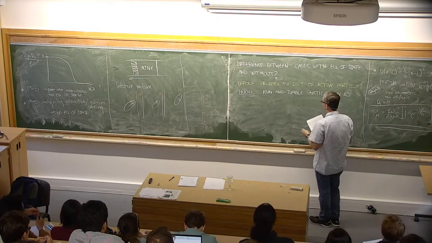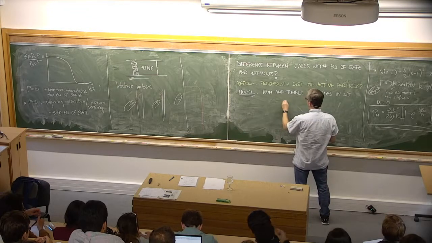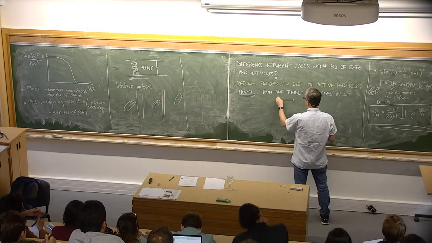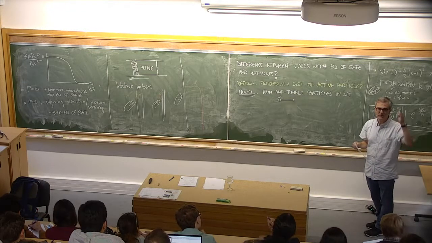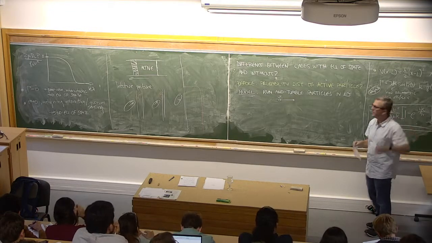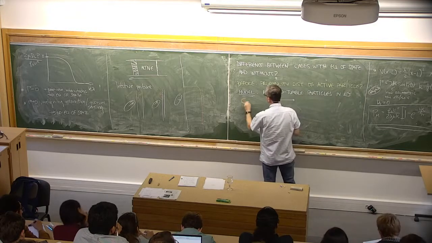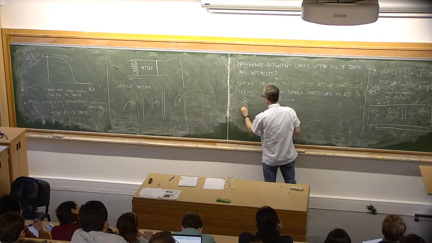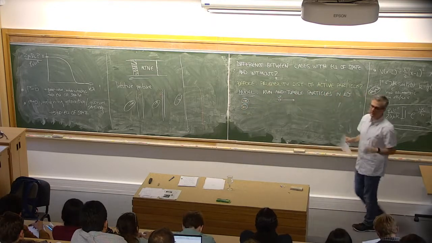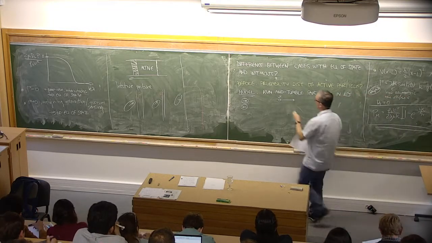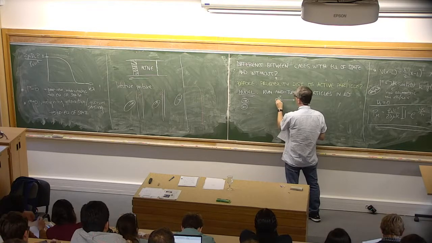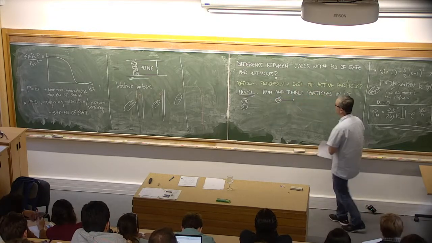So let's consider the model. The model is very simple. We have particles that move to the right. So that's the analog of the arrow. So each particle has an arrow pointing to the right or left. If you want, you could think about these as two kinds of particles. Particles with an arrow to the right move with velocity v to the right.